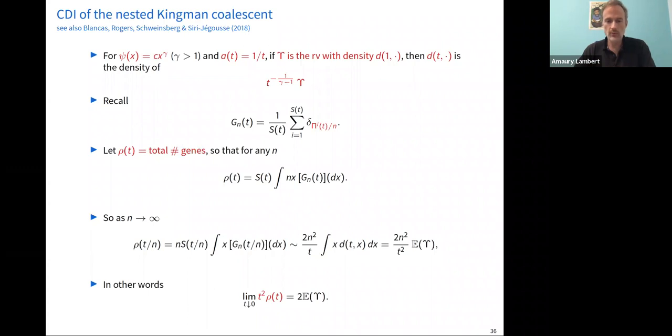And this constant was also computed numerically by the other authors of the paper that is mentioned on top of the slide. So here, the result is not so, let's say, surprising, because you have of the order of 1 over t species at time t, of the order of 1 over t genes in each species at time t, and so you have of the order of 1 over t squared genes in total at time t.